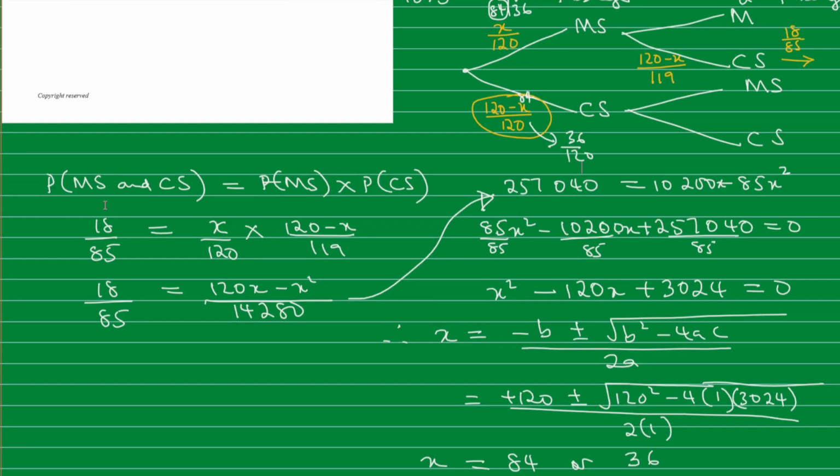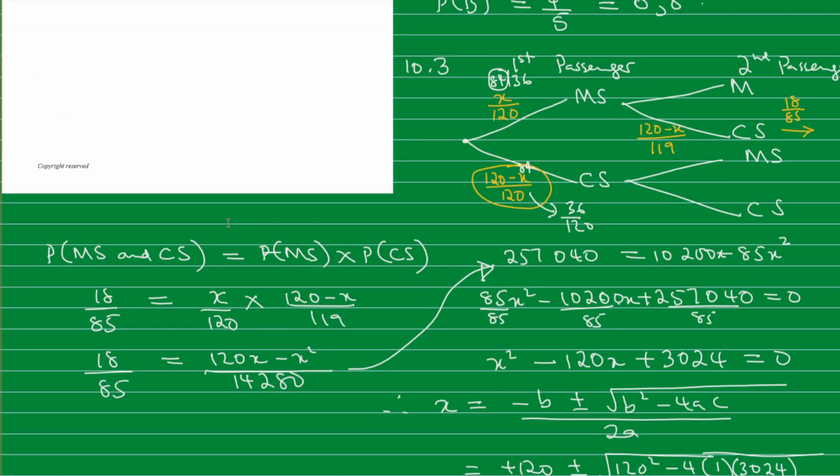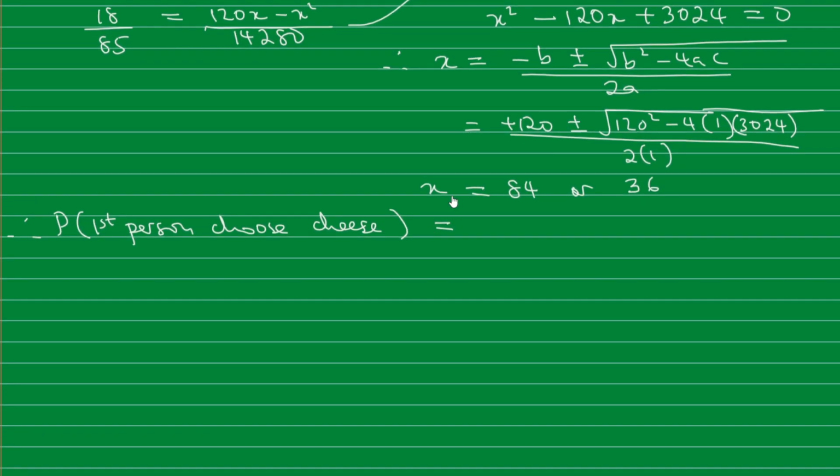So now to answer the question after working all that out, we can say therefore the probability that the first person chooses a cheese sandwich is going to be how many cheese sandwiches there are. That will be 36, that is 120 minus 84.